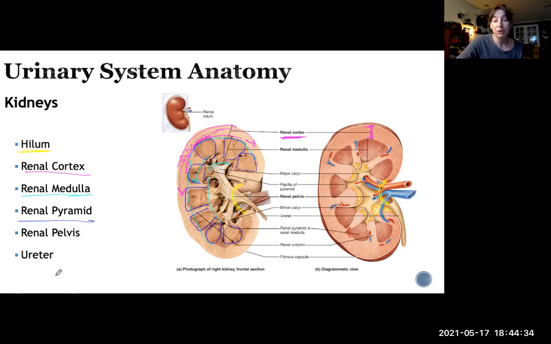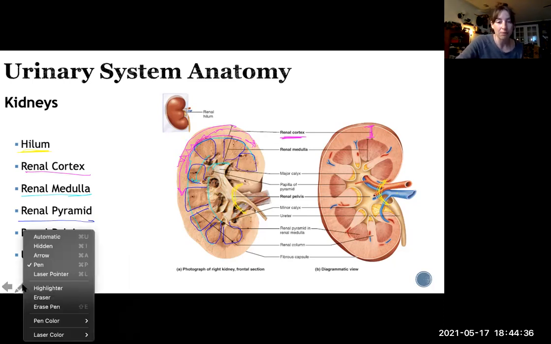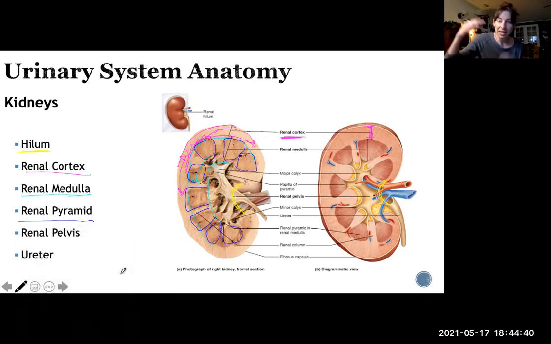And those renal pyramids actually have the microscopic structures of the filtration in them. And they basically shuttle all of the waste products, all the filtrate after the filtration has been done, into what is called the renal pelvis, which is this whole guy right here. And this renal pelvis is going to funnel down into the ureter.